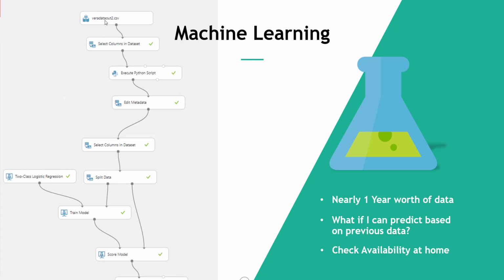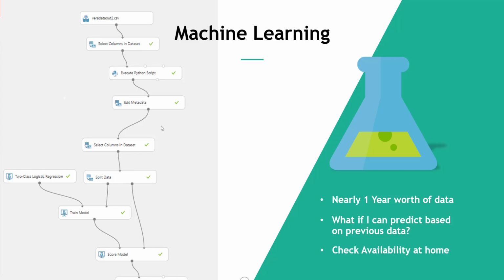I got the Vera data all imported into a data set, and I wrote a Python script to do some manipulation around it. For the given date, what's the weekday, what's the time, and what's it like on the motion sensors, etc. All those data are extracted in a way that machine learning can understand, with all the type conversions, and then I edited some metadata around it and selected the columns that are interesting to me.